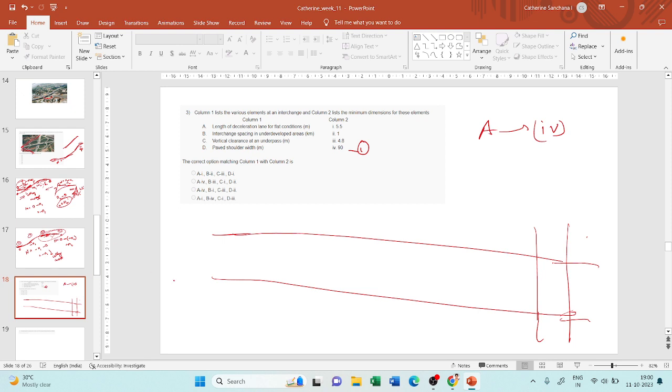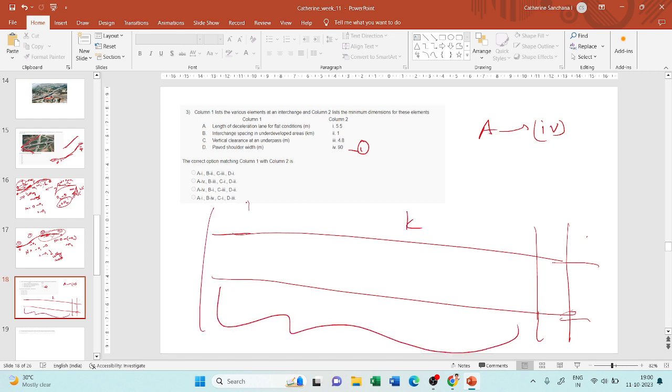So the next interchange which I see should be at least, sorry, not 1 kilometer, I'm sorry, 4.8 kilometers apart from this. 1 kilometer is obviously too short. So this is for underdeveloped areas, and the answer to this second point is 4.8 kilometers.